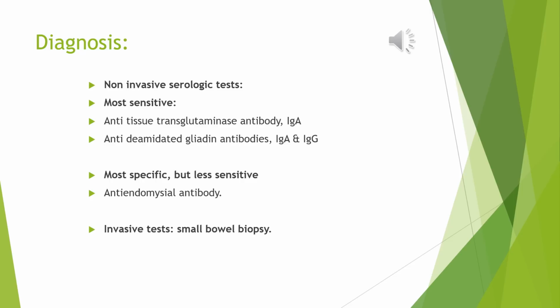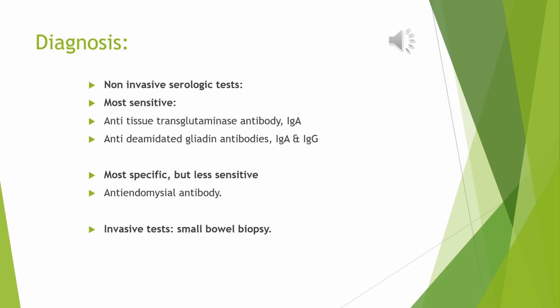And first we start with the non-invasive tests, which are called non-invasive serologic tests, the antibodies that we talked about in celiac disease. The most sensitive antibodies are the anti-tissue transglutaminase antibodies, which are IgA antibodies, and the anti-deamidated gliadin antibodies, which are IgA and IgG antibodies.